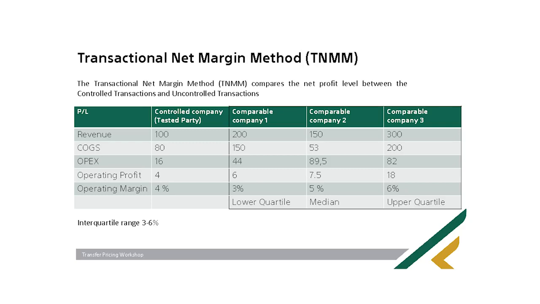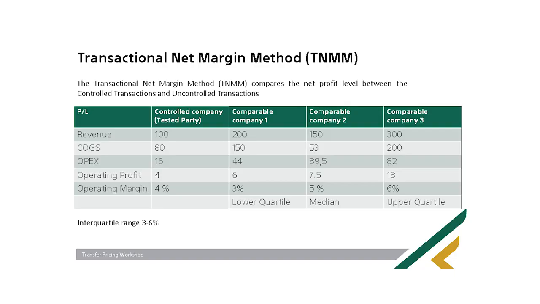So we look at our company, the tested party. In this case, they have revenue of 100, COGS of 80, OPEX of 16. They have an operating profit of 4, which is also an operating margin of 4%. So now we want to test and make sure, is the 4 arm's length? In this case, we found 3 comparable companies which we think are doing exactly the same thing.